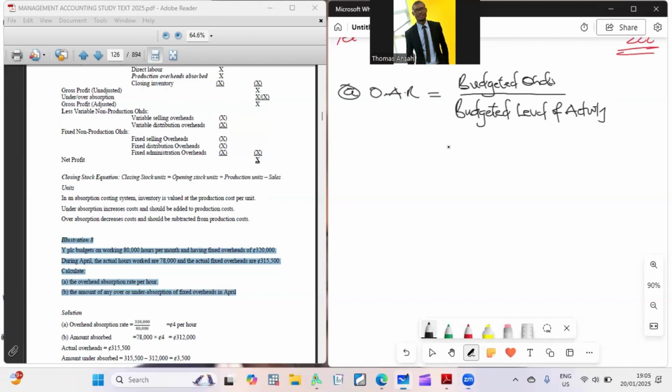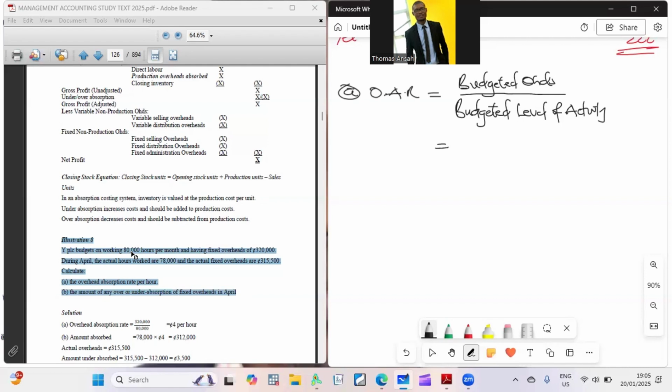Now, if you look into this one, what is the total budgeted overhead? Y PLC budgets on working 80,000 hours per month.